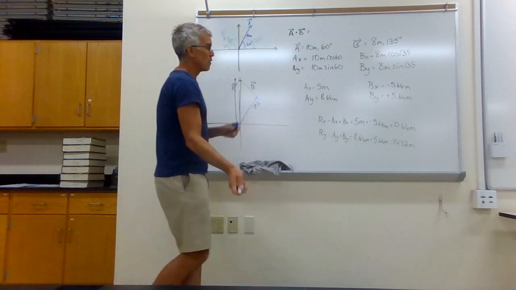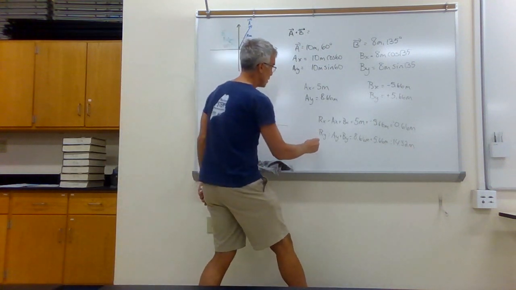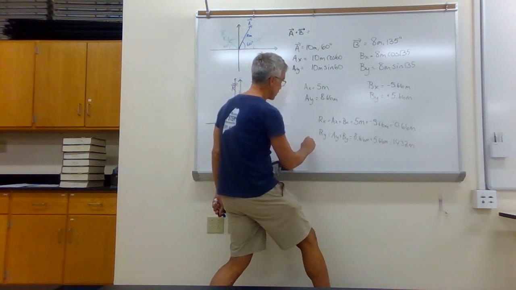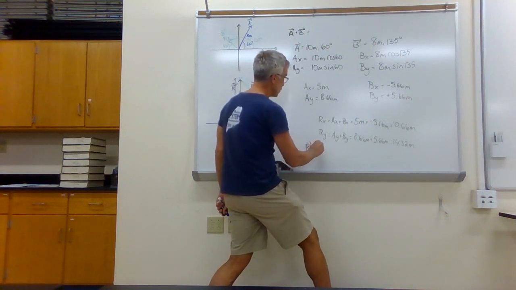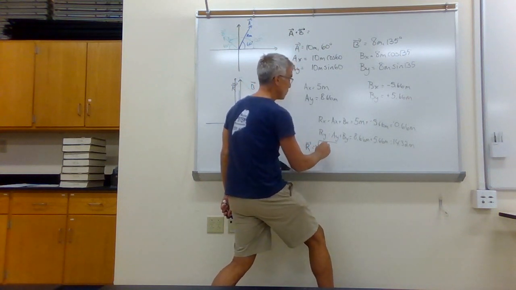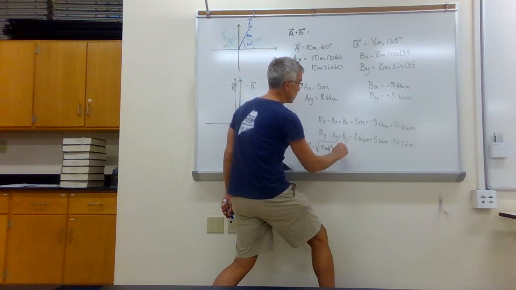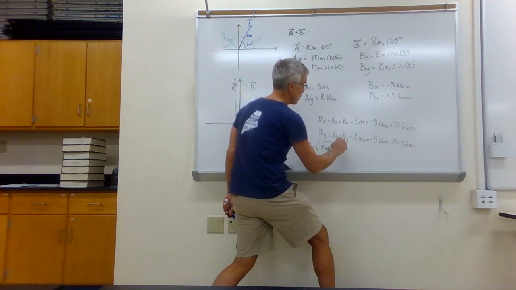Now, without going through the rest of this math, our resulting vector, R, is going to have a magnitude of the square root of negative 0.66 squared plus 14.32 squared.